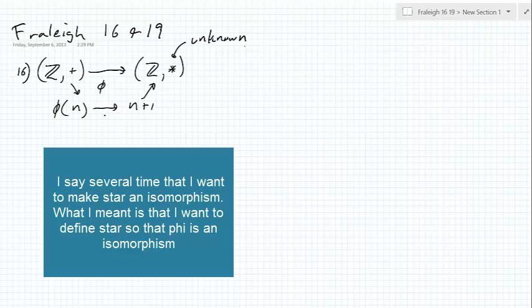You guys can check one-to-one and onto yourselves. But the tricky part for this one is defining star so it's an isomorphism. So what would it mean for star to be an isomorphism?